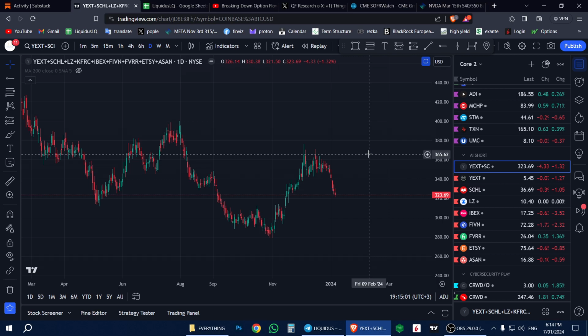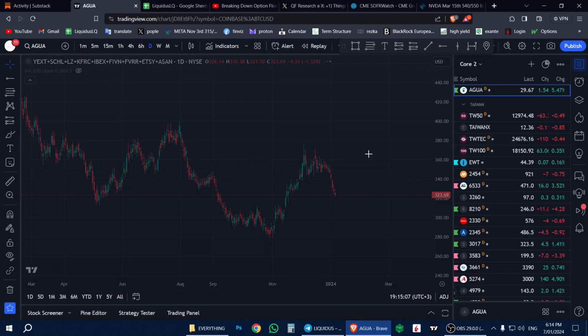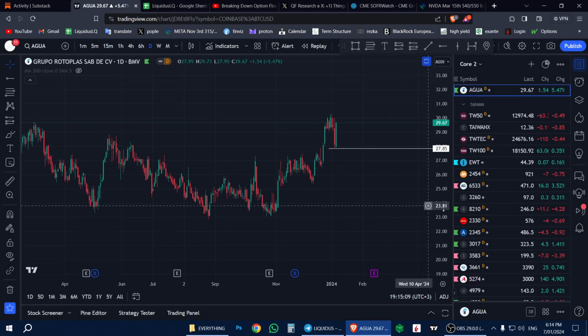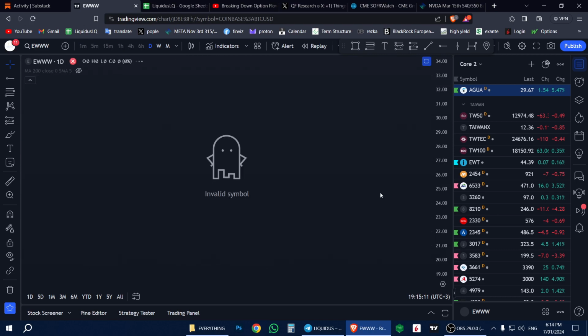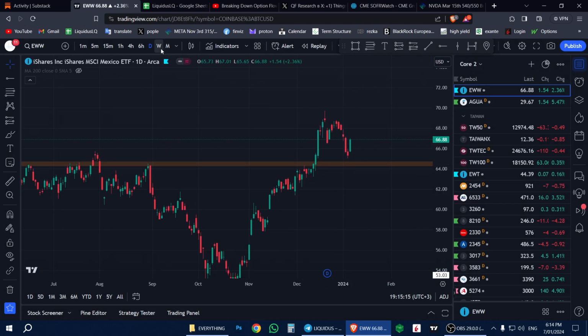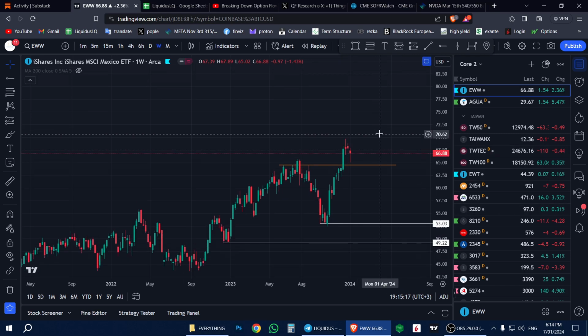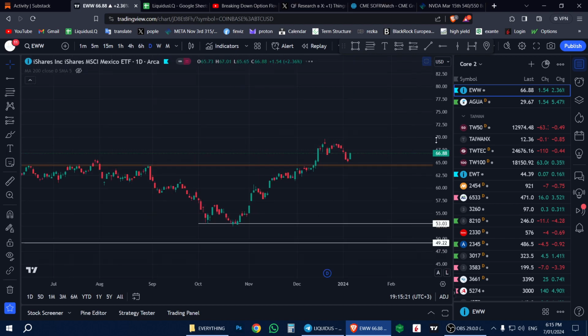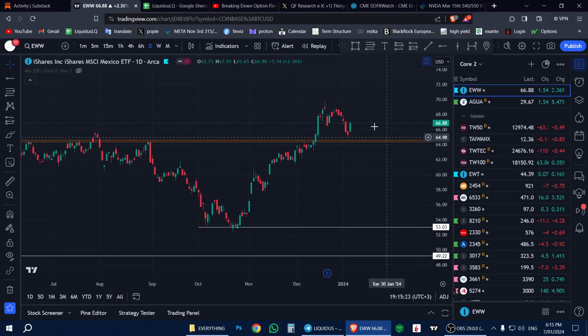The thing left to discuss is Agua, so let's get into it. What can I say? EWW. You remember what we just discussed in SPX, and EWW is a much better play than SPX. If you have the option to buy SPY or to buy EWW, you buy EWW.